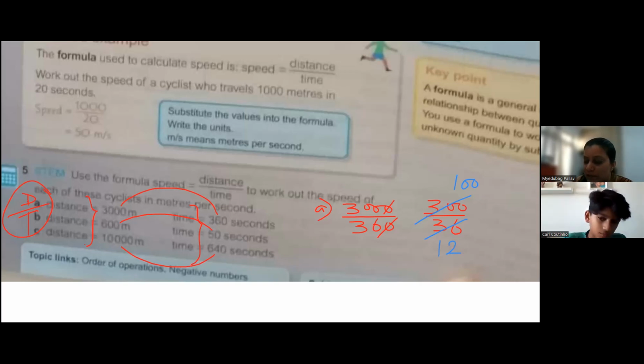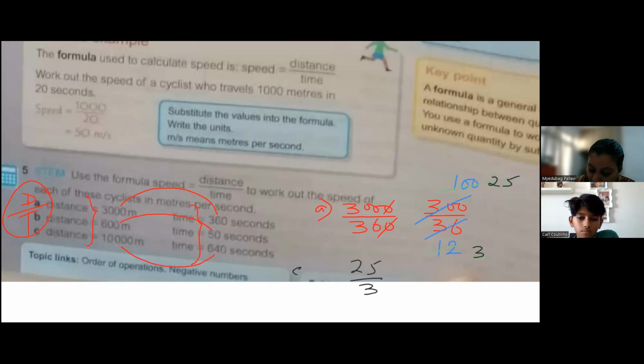Since 4 is the highest common factor, let's cut it with 4 only. 4 into 3 is 12 and 4 into 25 is 100. What fraction are we getting? We are getting 25 divided by 3.